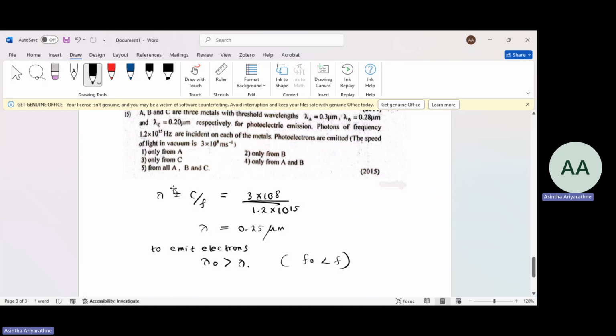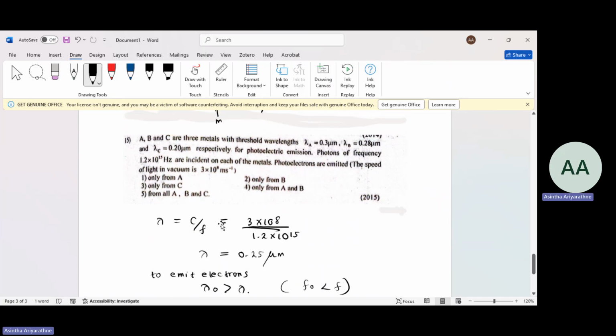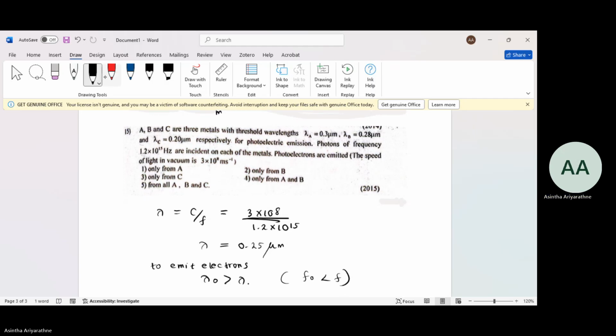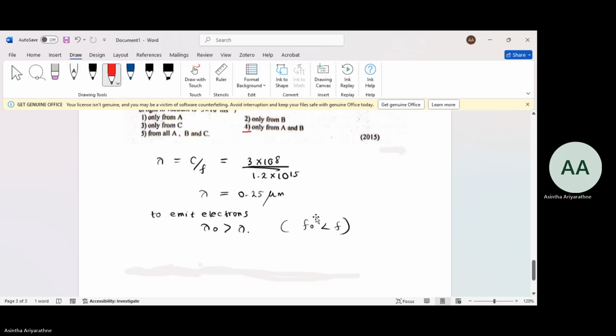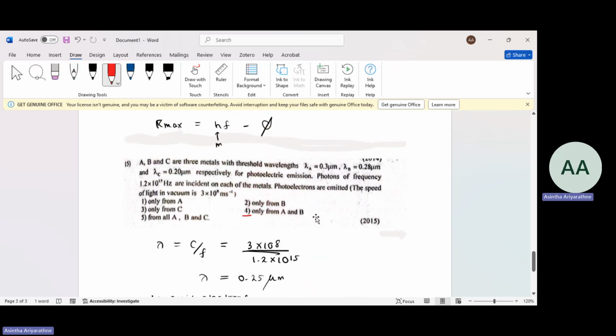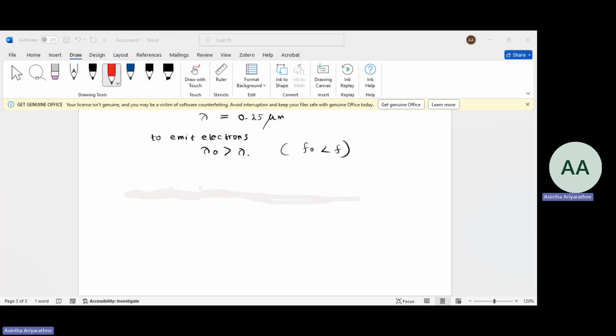So from A and B, electrons would be emitted, but not from C. Photoelectric current is emitted from metals A and B.